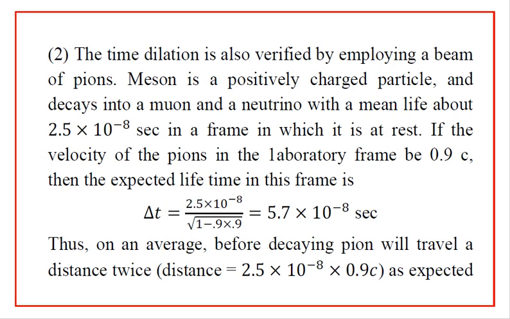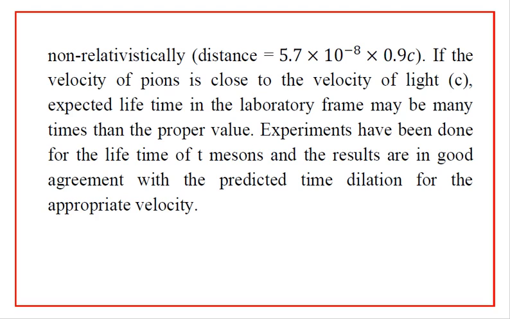As the velocity of pions is close to the speed of light, the expected lifetime of pion in the laboratory is much greater than the proper lifetime. All these facts are experimentally verified. So this verifies the time dilation.